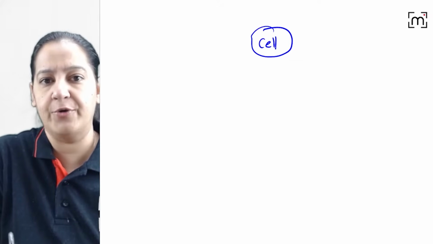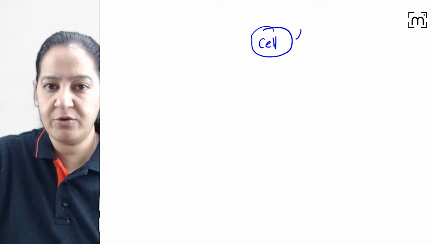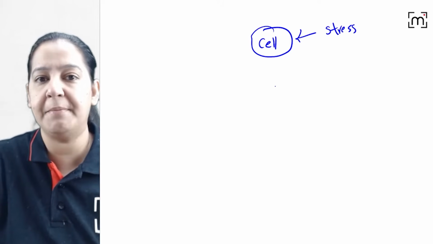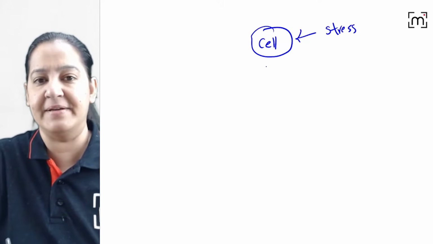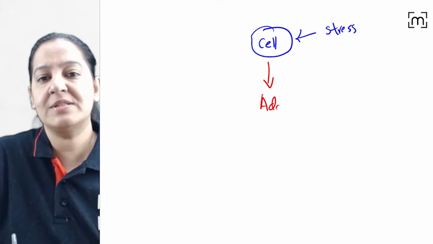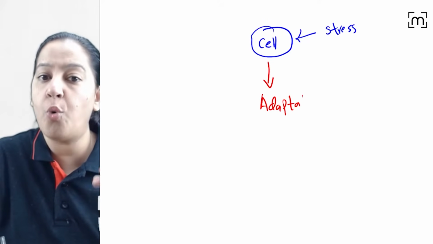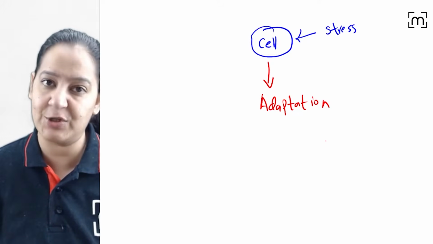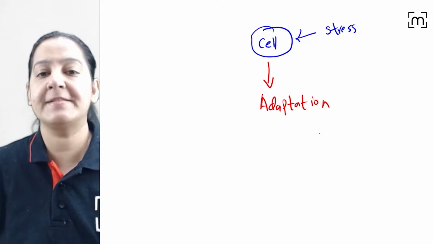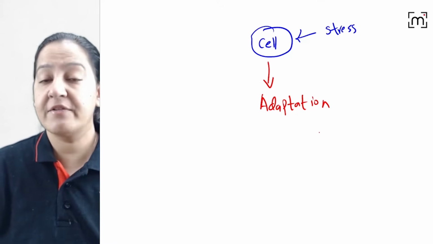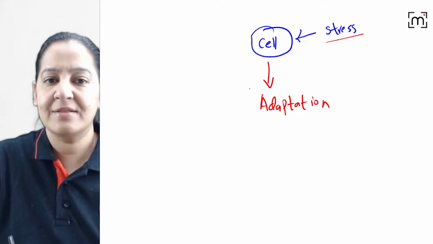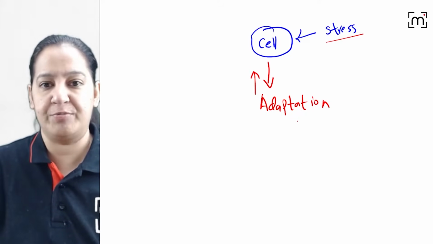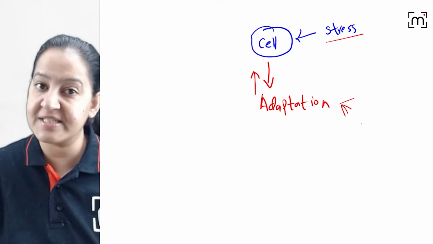Whenever any stress acts on the cell, the first thing that happens is adaptation. The cell will try to adapt to overcome the stress and again achieve a new state of homeostasis. So the first stage is adaptation, which is always reversible. Reversible means once you remove the stress, the cell will again return to its normal structure and function. Adaptations are of 5 types that I will discuss in this session.